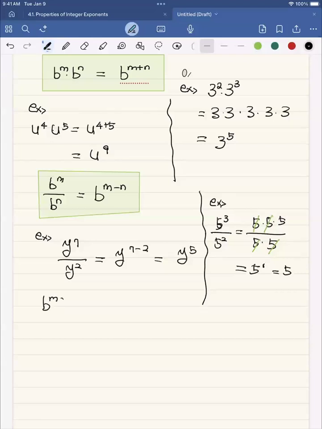We have b to the m power, parenthesis, nth power, then that is b to the m times n power.